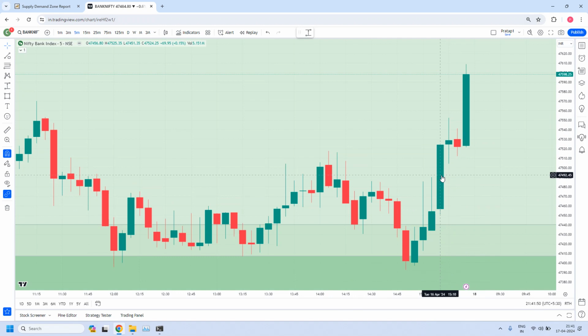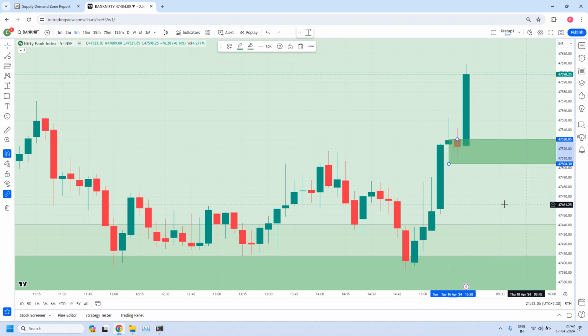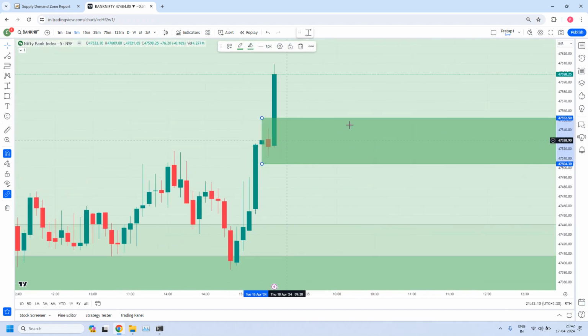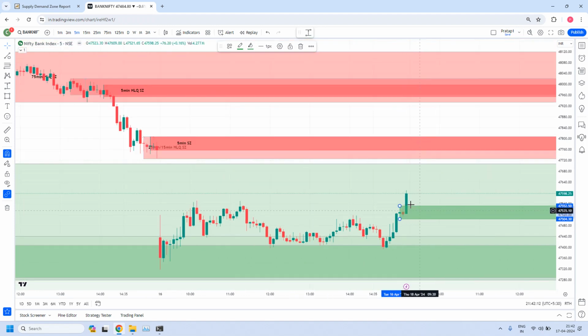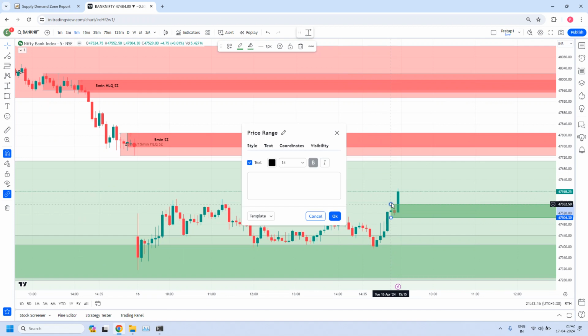So this is a high liquidity 15.10 demand zone. But let me draw it week to week. Later on, from a risk management point of view, you can fine-tune these zones. I am drawing week to week.